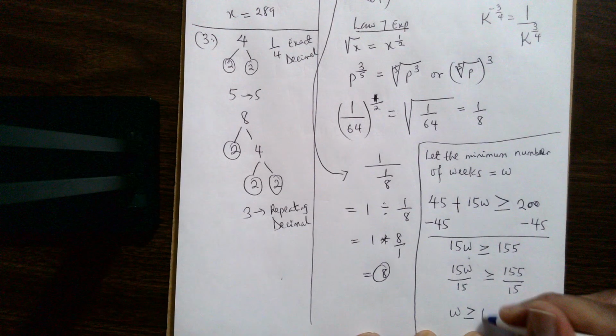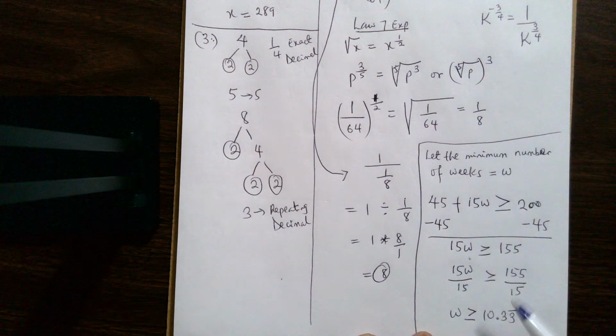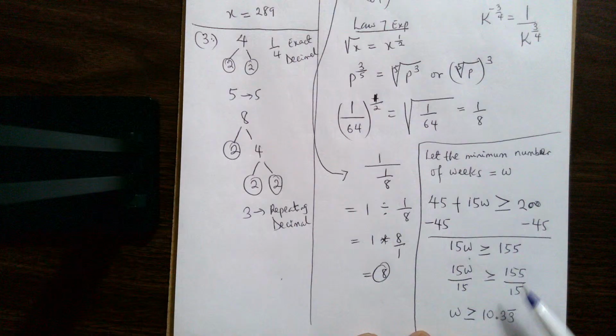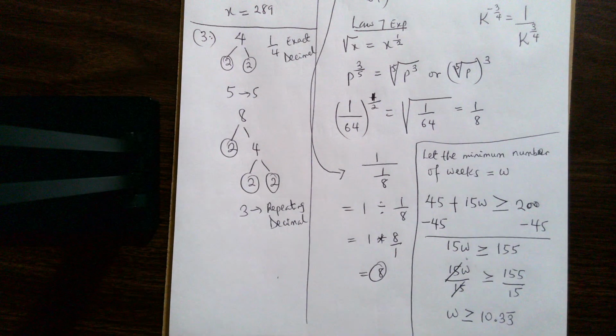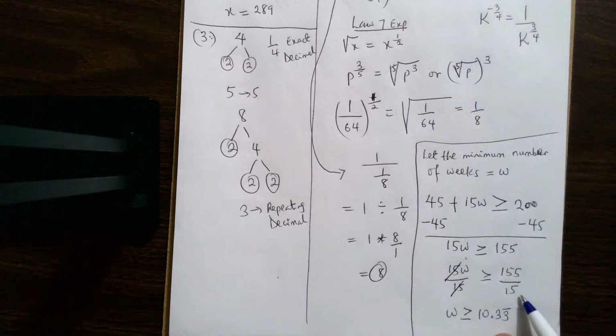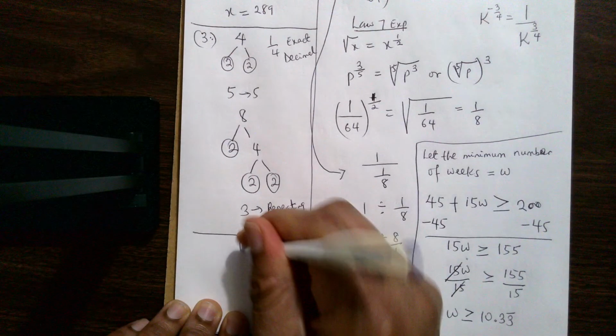this gives us a repeating decimal. What do I know is a repeating decimal? Of course, here 15 cancels 15. Then how do I know that this will be a repeating decimal? If you take the prime factorization of 15, 15 gives us 3 and 5. So this 3 is the problem, this 3 here.